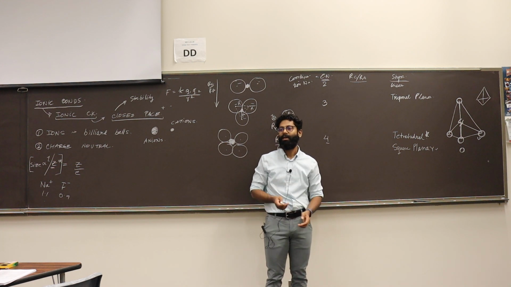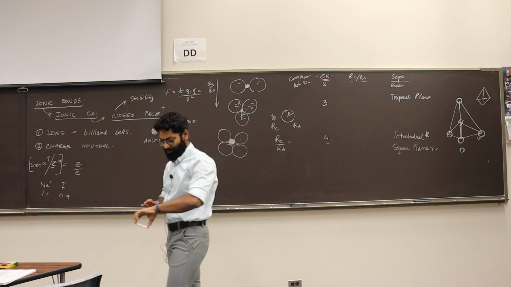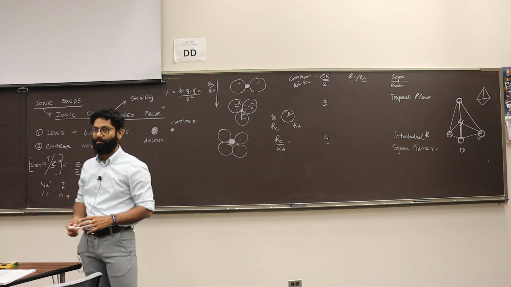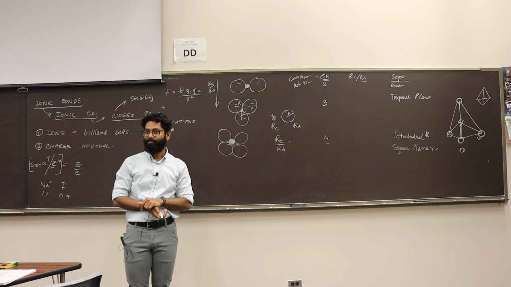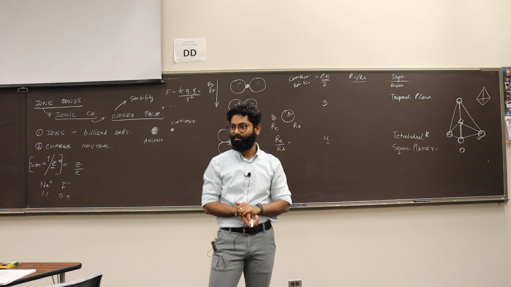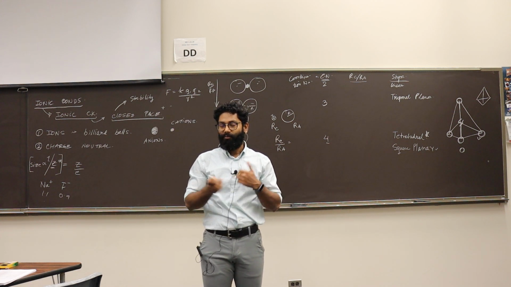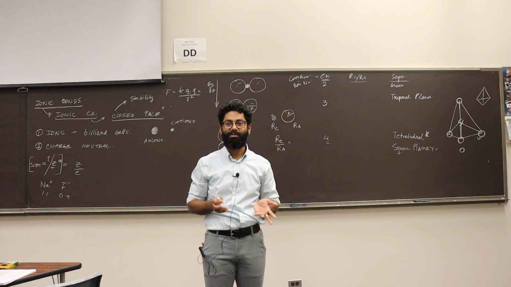And why do you think iron is the most abundant element? We have not dealt with this, but I want you guys to take a guess. Why is iron most common?